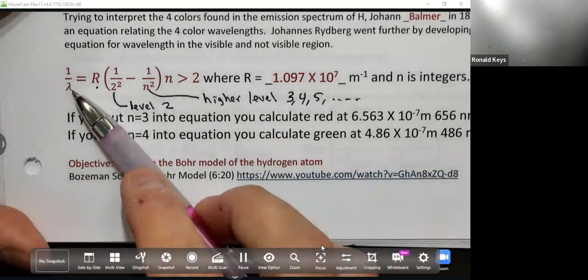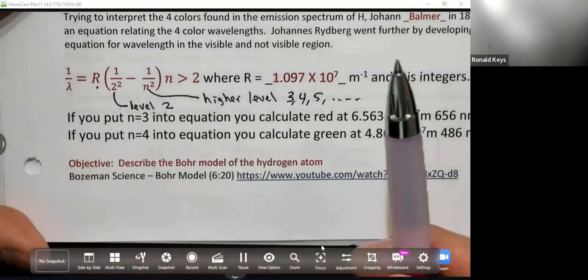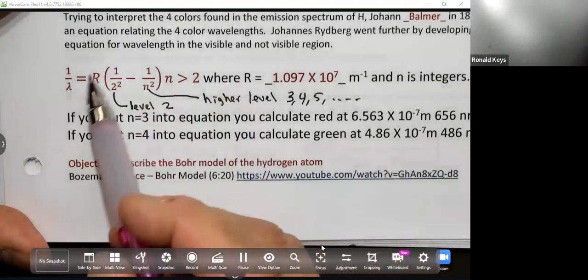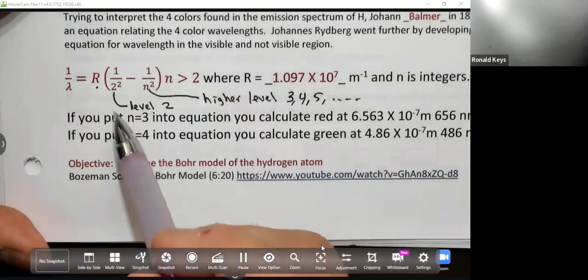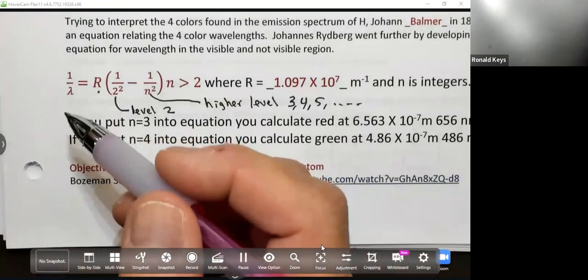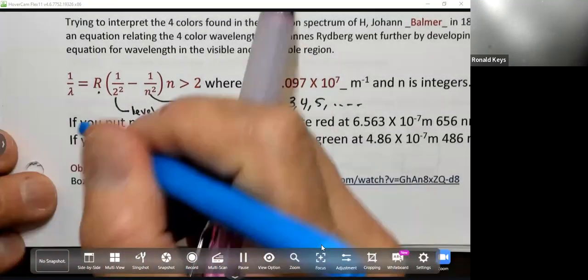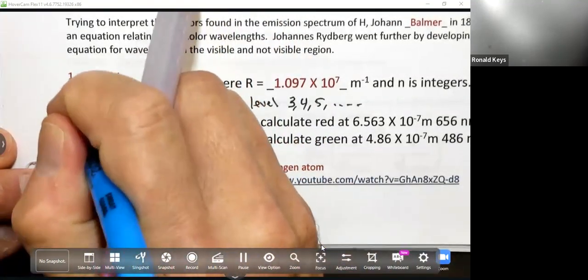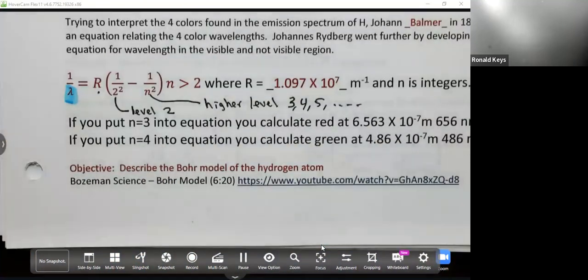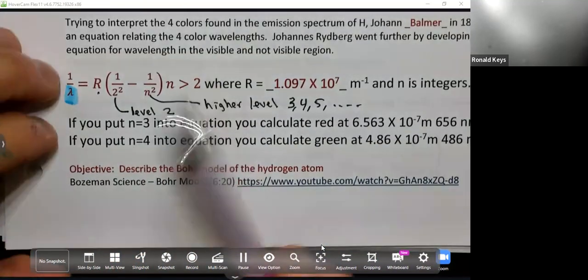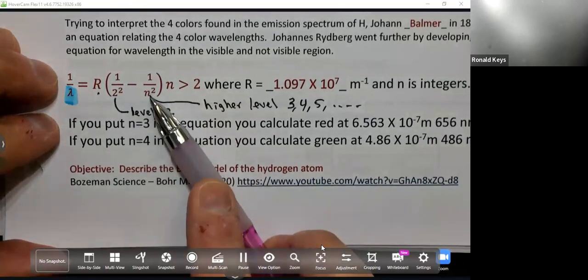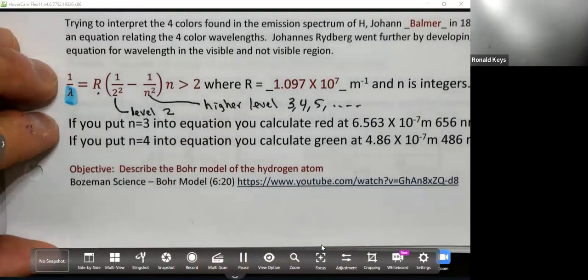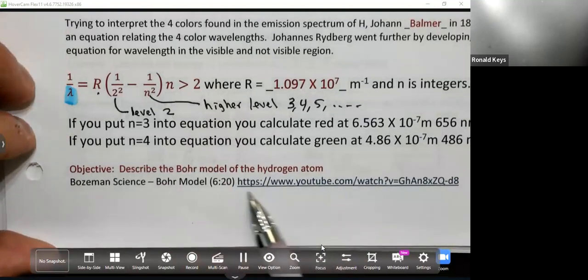But this is calculating the wavelength. So once you calculate this right side, you have to put 1 over that number because you're actually solving it for this wavelength right here. So it's not a difficult equation. You're just putting in what level the electron goes out to and drops back down to level 2. Okay.